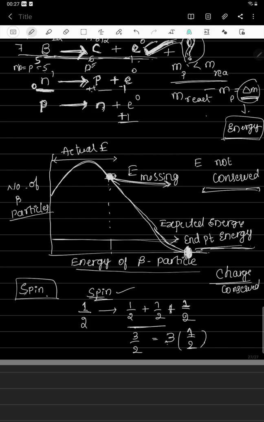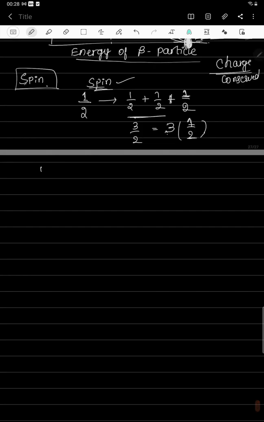From all these observations, the scientists concluded that we have to add a particle to the above reaction which is uncharged.